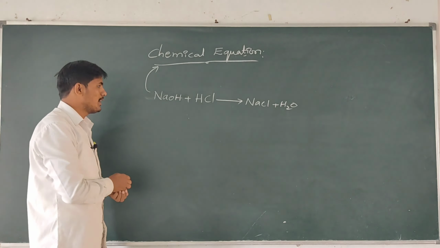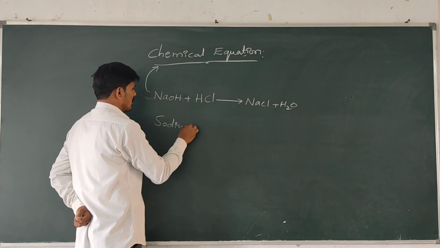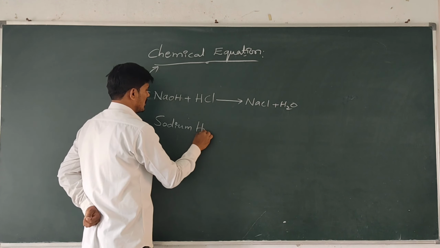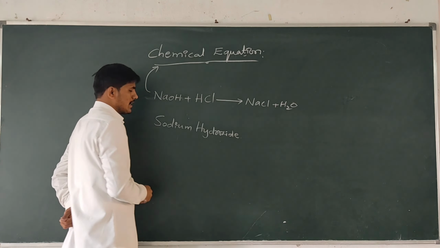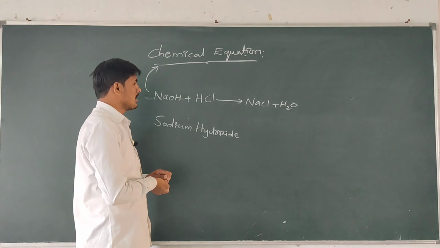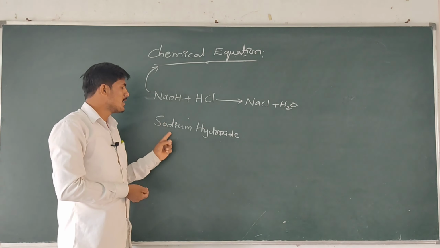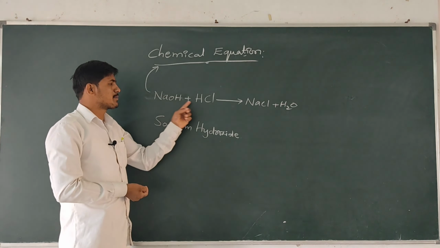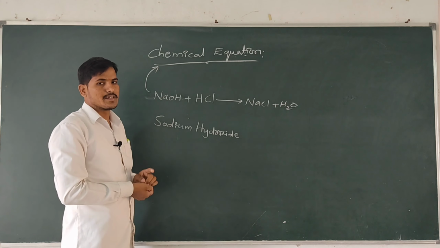NaOH. Commonly we write it in words as sodium hydroxide, but in chemical equations, by using the symbols and formulas of chemical compounds, we express a chemical reaction. This is called a chemical equation.